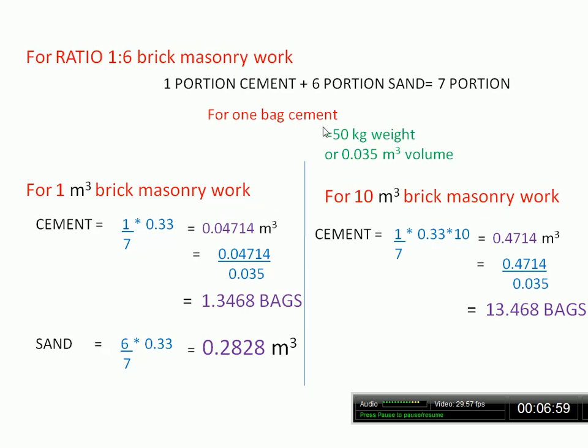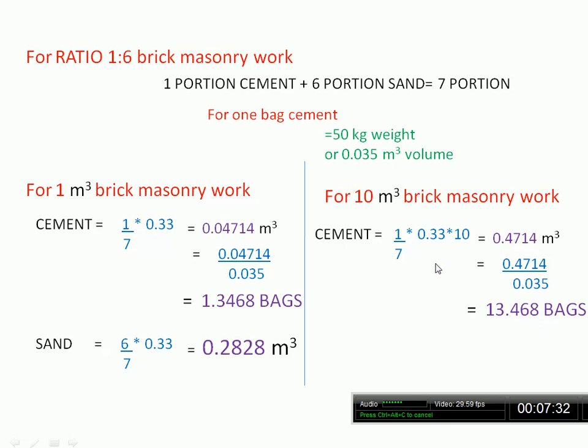The cement is equal to 1 portion of cement over total 7 multiplied by 0.33 for 1 m cube masonry, and for 10 m cube brick masonry work that means multiplied by 10, our answer is 4.714 m cube. Now convert the volume into the number of bags. Divide by 0.035 and we get the answer 13.468 bags.